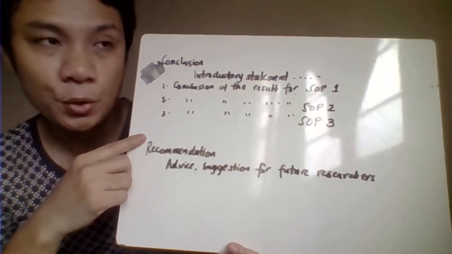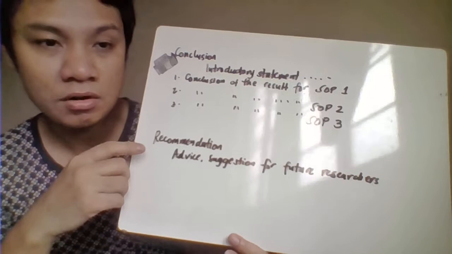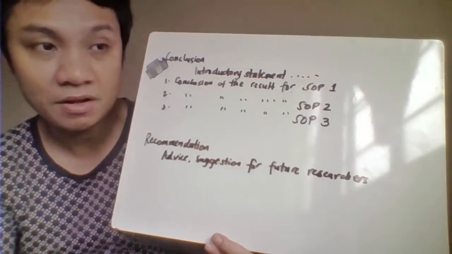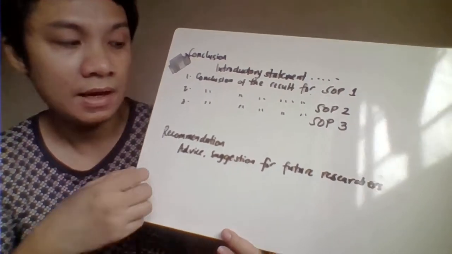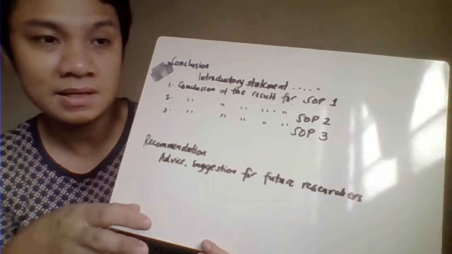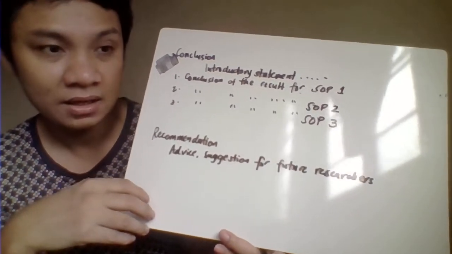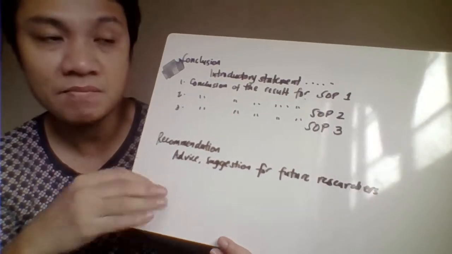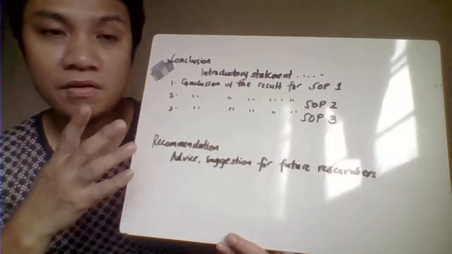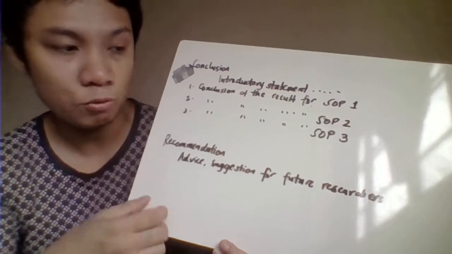Conclusion number two would speak about the conclusion generated out of your result for SOP number two. And conclusion number three should discuss your SOP number three and the result for that. So if you have 3 SOPs, then you should have 3 conclusions. If you have 4 SOPs, you should have 4 conclusions.